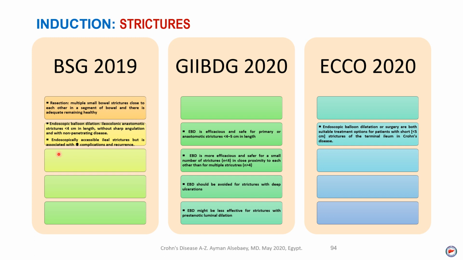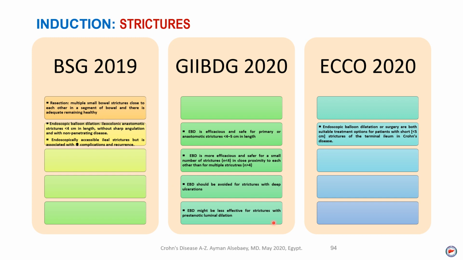When to do endoscopic balloon dilation? The British guidelines said that you can do it if there is an anastomotic stricture without sharp angulation and without nearby fistula. This is very important, or infection, because there is high risk of perforation.